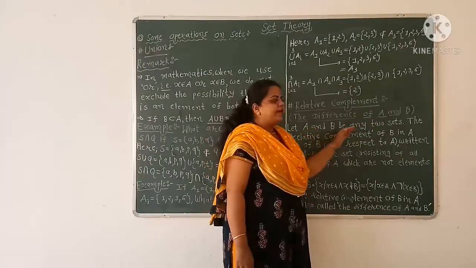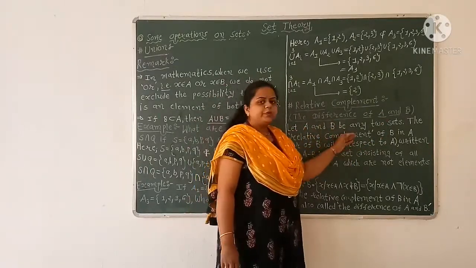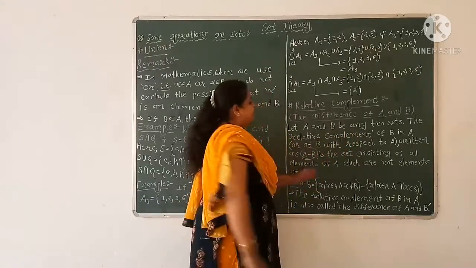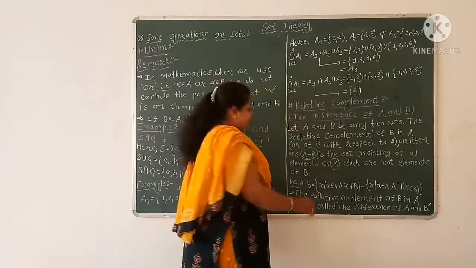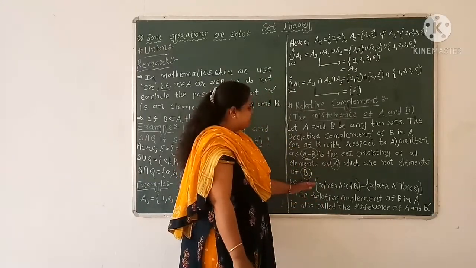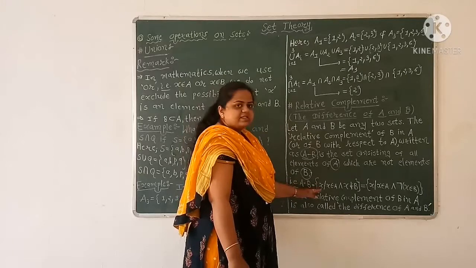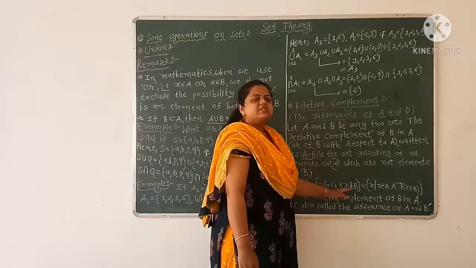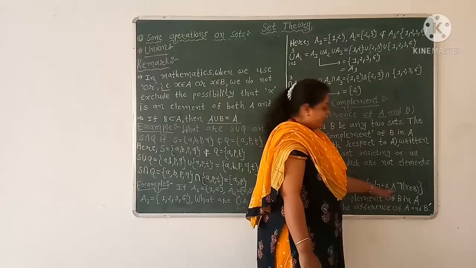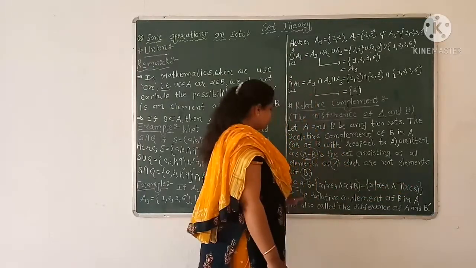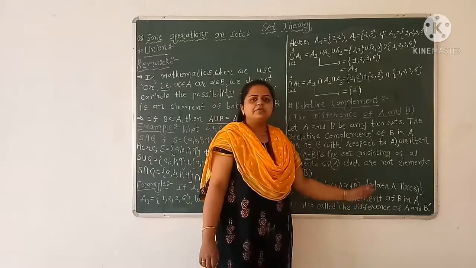The relative complement of B in A, or relative complement of B with respect to A, written as A minus B, is the set consisting of all elements of A which are not elements of B. That means A minus B, that is the relative complement of B in A, is equal to set of x where x belongs to A and x does not belong to B. The relative complement of B in A is also called the difference of A and B.